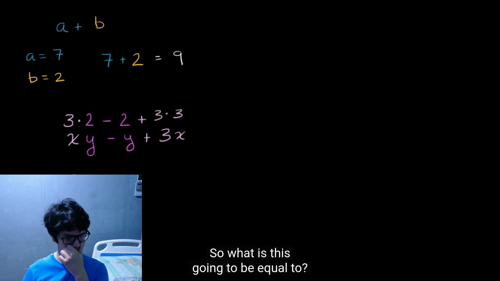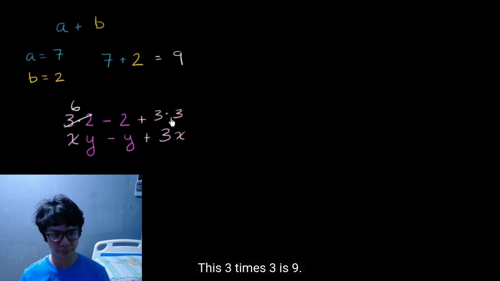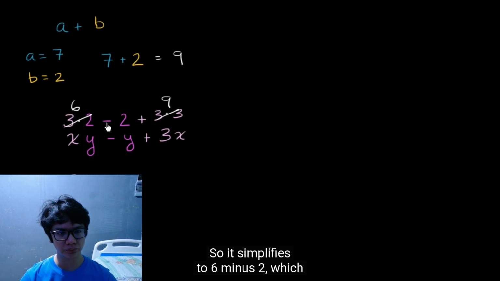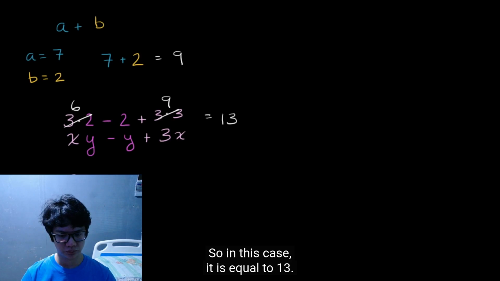So what is this going to be equal to? Well, 3 times 2 is 6. This 3 times 3 is 9. So it simplifies to 6 minus 2, which is 4, plus 9, which is equal to 13. So in this case, it is equal to 13.